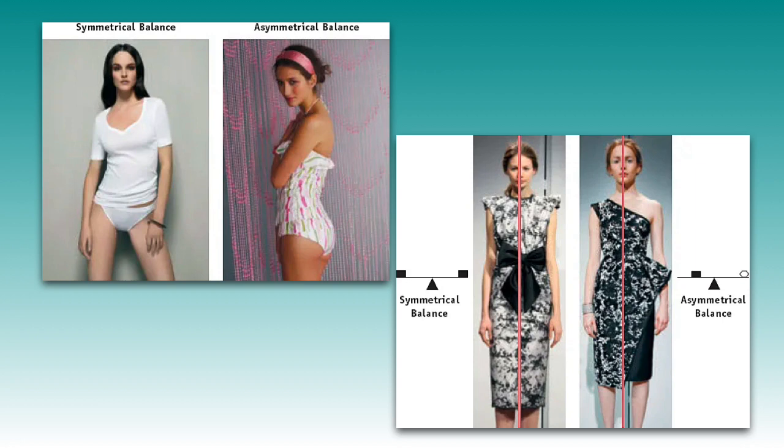So it's very interesting to look at this asymmetrical balance. It can be confusing as well, but it's definitely interesting, and it appeals to my eye a little bit more than symmetrical balance with this particular design here. So if it were me, I would probably go with the asymmetrical dress to wear out on an evening.